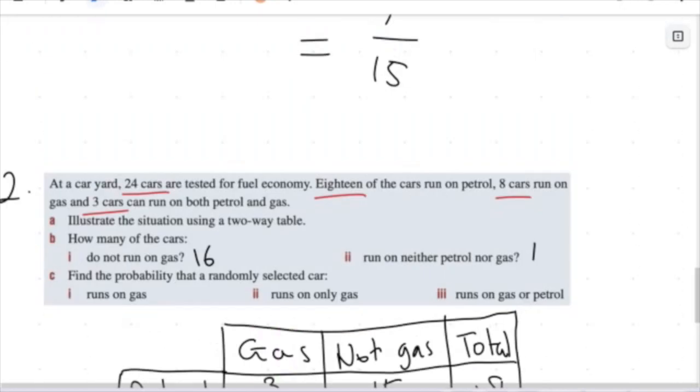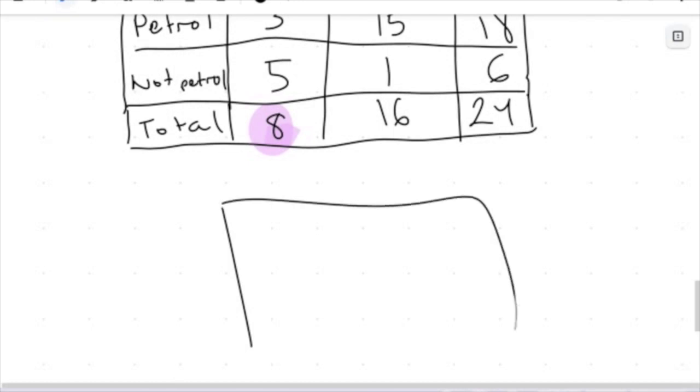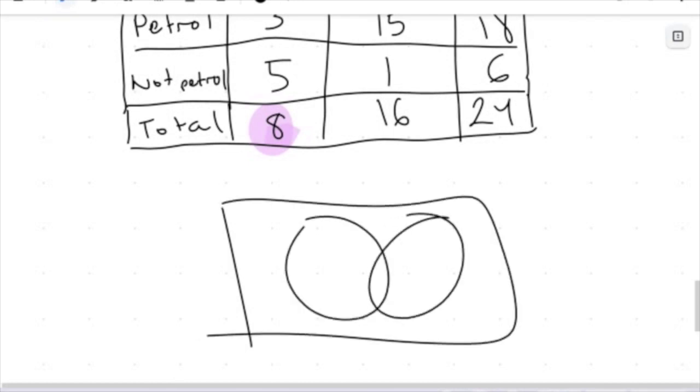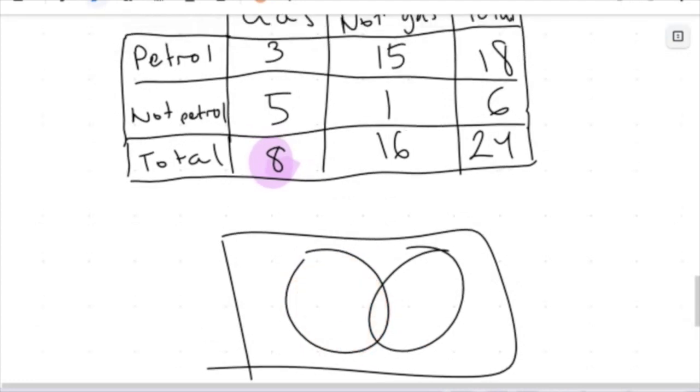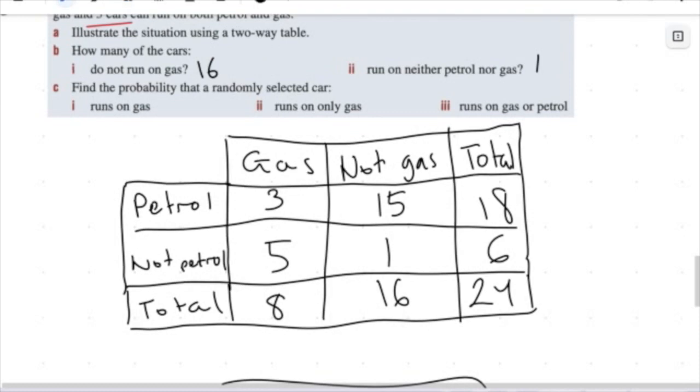So take a Venn diagram, for example. Let me actually draw one underneath here. This is where we're looking at a total thing here. This is like the total of gas. It takes into account just gas as well as the overlap. So that is going to be 8 for my answer. So my probability is going to be 8 over 24, which can get simplified to just 1/3.